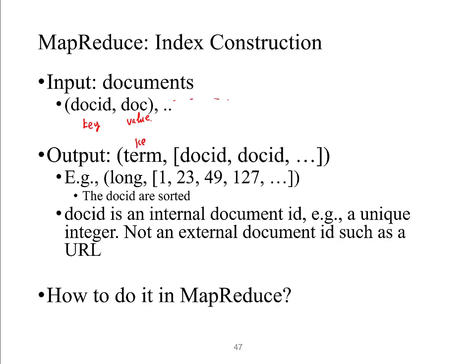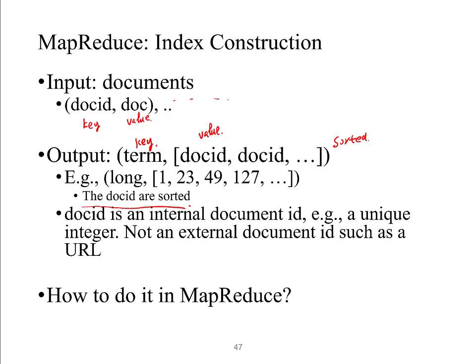Again, the key would be the term, if you still remember, and the value is the posting list, which is a list of document IDs. For example, the term is long. The document IDs, remember these are sorted. So the document IDs are 1, 23, and so on and so forth.